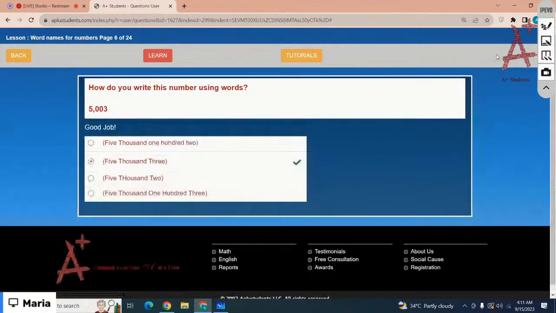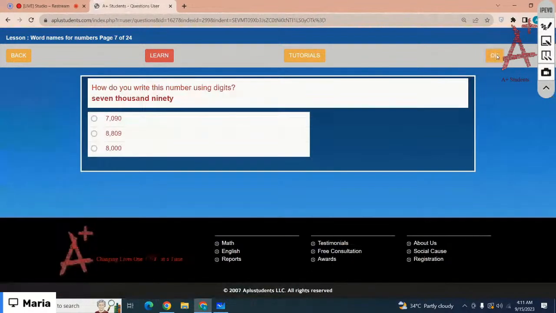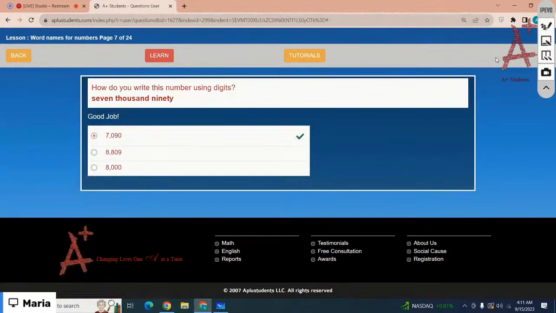You have to write it in word form. How do you write this number using digits? Which is the correct option? 7090. The correct option would be option number 1. Option 1 is the correct option.